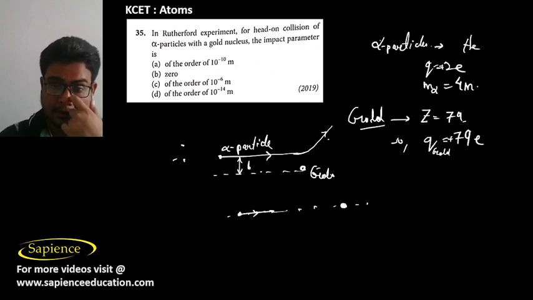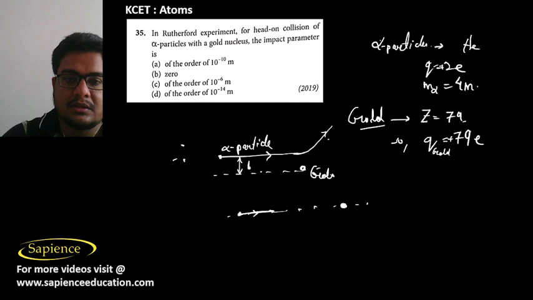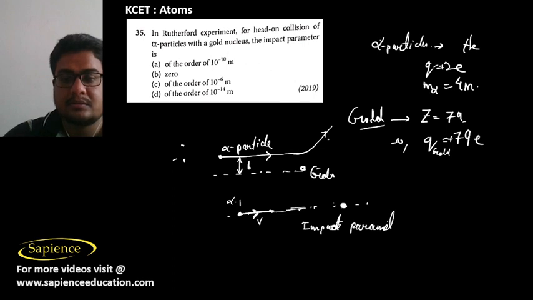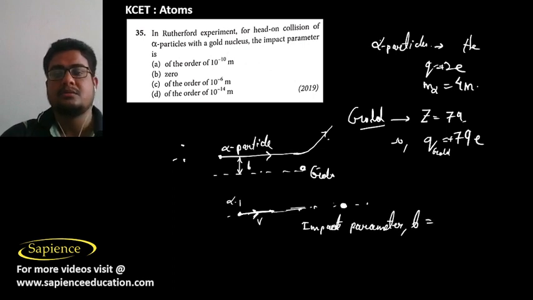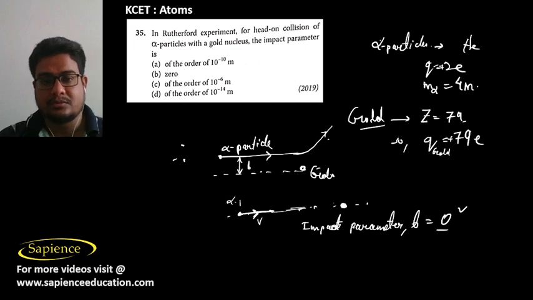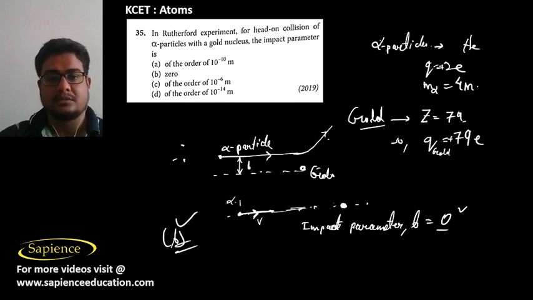It means the velocity of the alpha particle is towards the nucleus of gold. So here the impact parameter b is equal to 0. So option B is the correct answer.